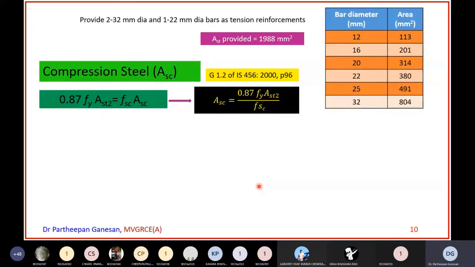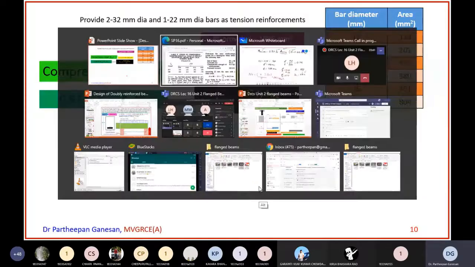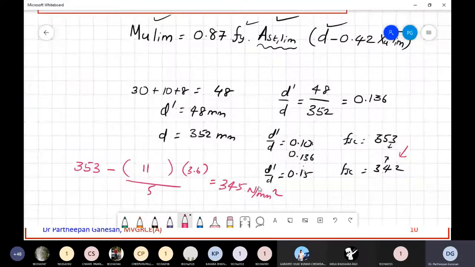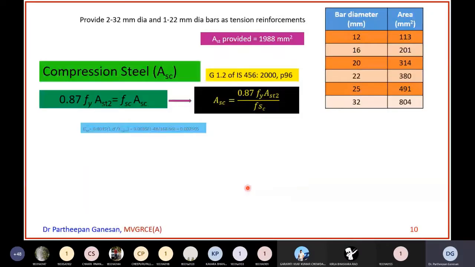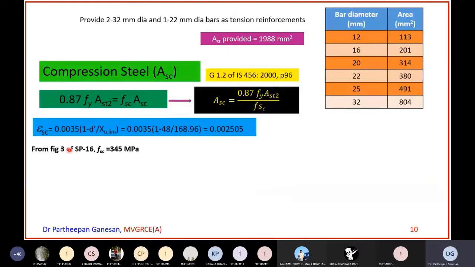So this is how you interpolate and you get the value of FSC. This is the value from yesterday's graph. I told you FSC can be found from d dash by d also, and that is also coming out to be 345.